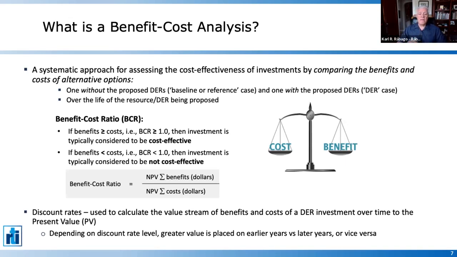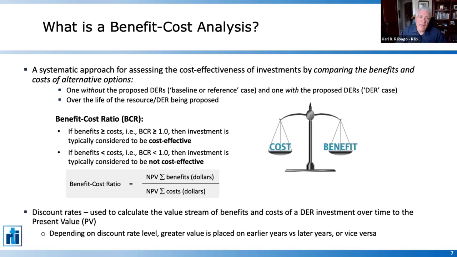And then, as I'm going to get into in more detail, if those benefits or costs occur over multiple years, we use net present value analysis to sum the benefits and sum the costs to allow us to come up with that ratio on a comparable basis.